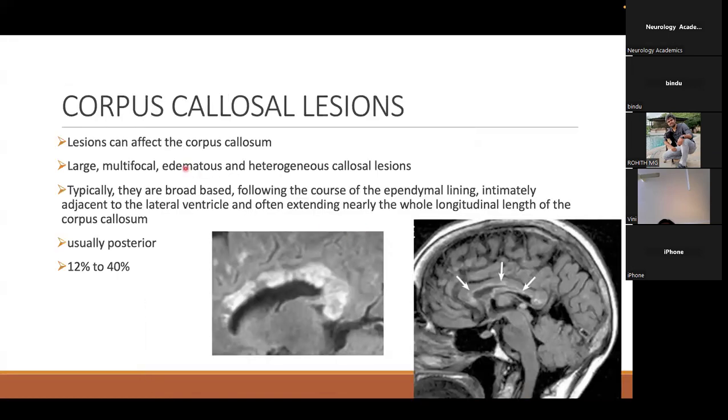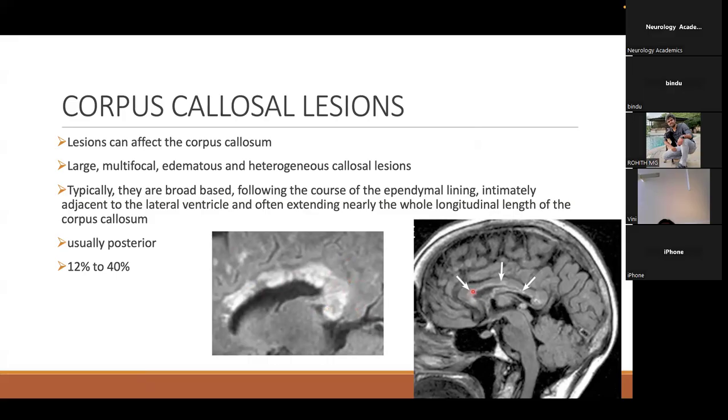Coming to corpus callosal lesions, compared to the lesions in MS, which are small ovoid lesions less than 3 millimeters, here we can see large multifocal edematous heterogeneous corpus callosal lesions, and mainly the splenium will be involved in NMOSD with edema.